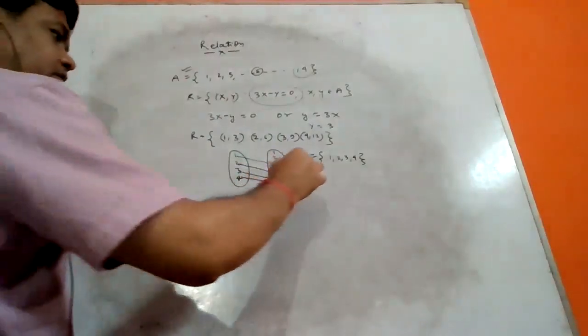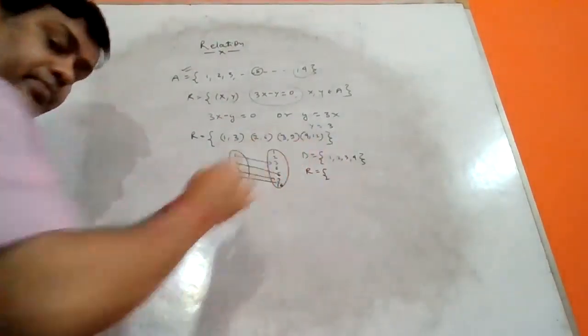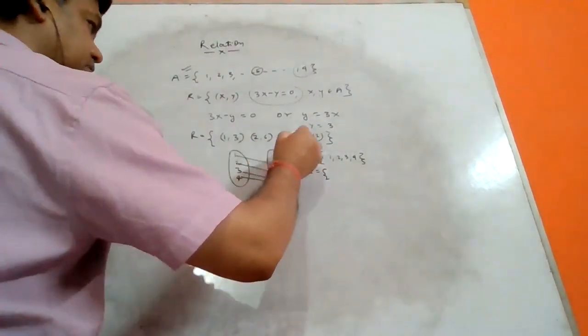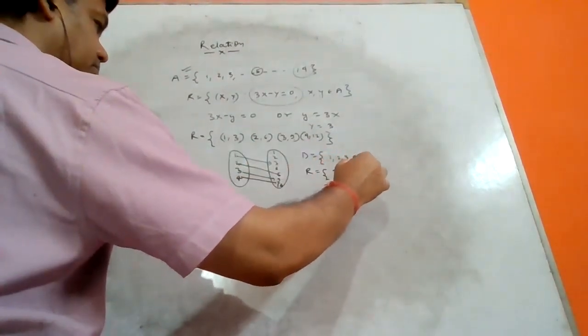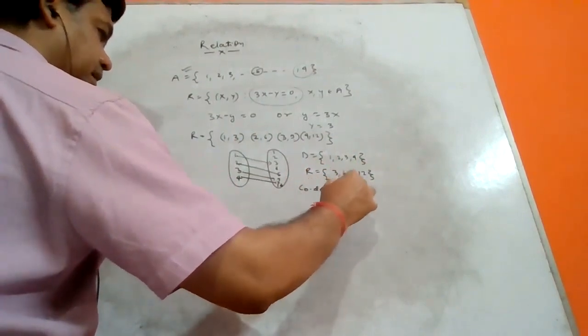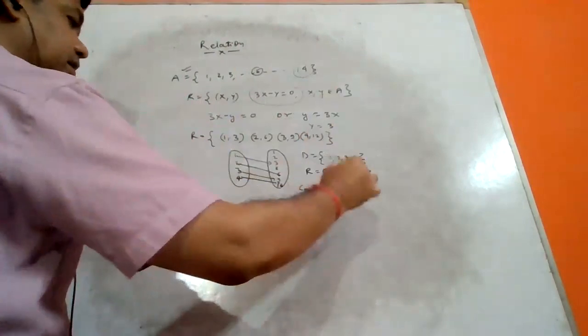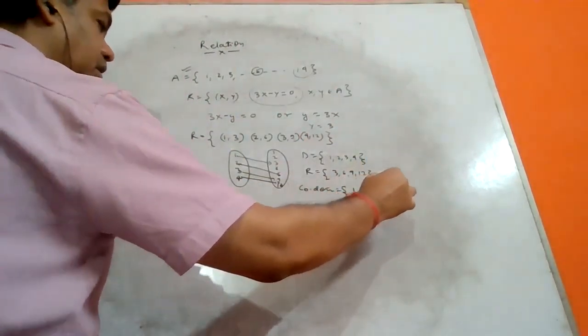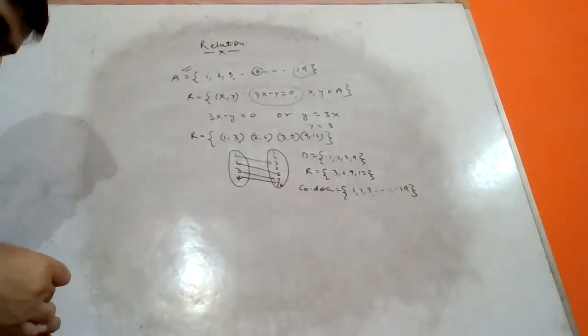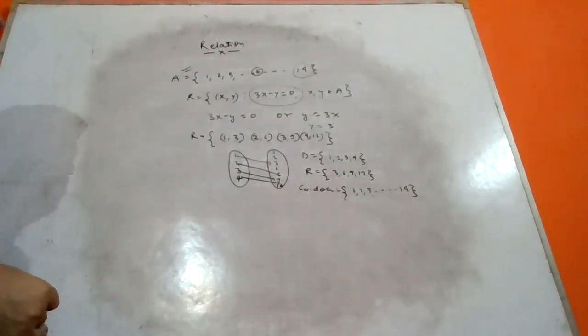Right? Now the range. What is the range? Your range is the elements 3, 6, 9, 12. And what is the codomain? All the elements in set A, 1, 2, 3, up to 14. These are known as the codomain.